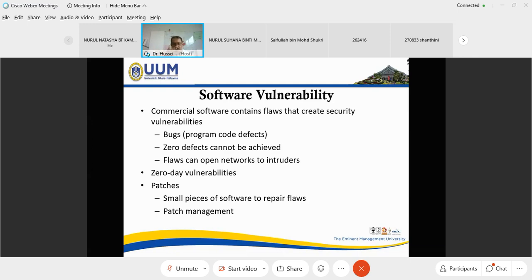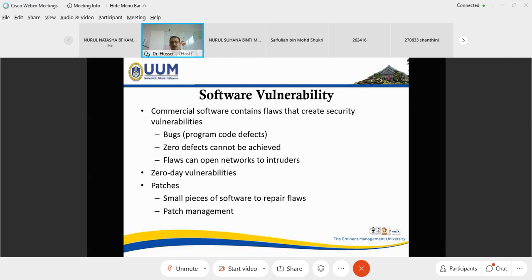That is where hackers inject queries, or SQL injections. So zero defect cannot be achieved. That's why organizations and information system department specialists have to do quality checking from time to time.